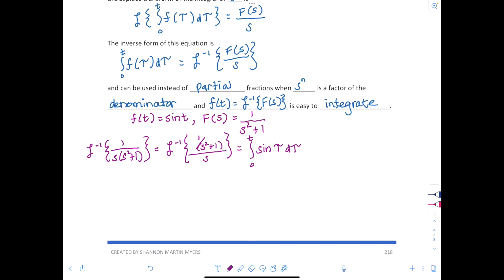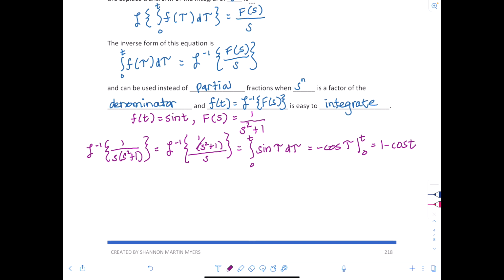And that in turn is what? What's the integral of the sine function? Beautiful. Negative the cosine function at tau, and tau is going from 0 to t. So what do we get? We would get negative cosine at t minus a minus cosine at 0, which gives us a positive 1. So I'll write it prettier as 1 minus cosine at t. And that's what you would have for that.